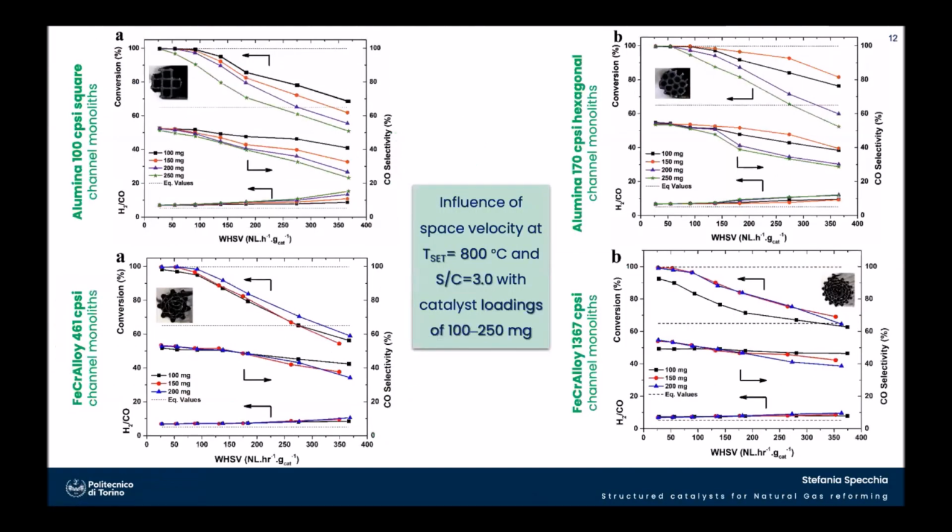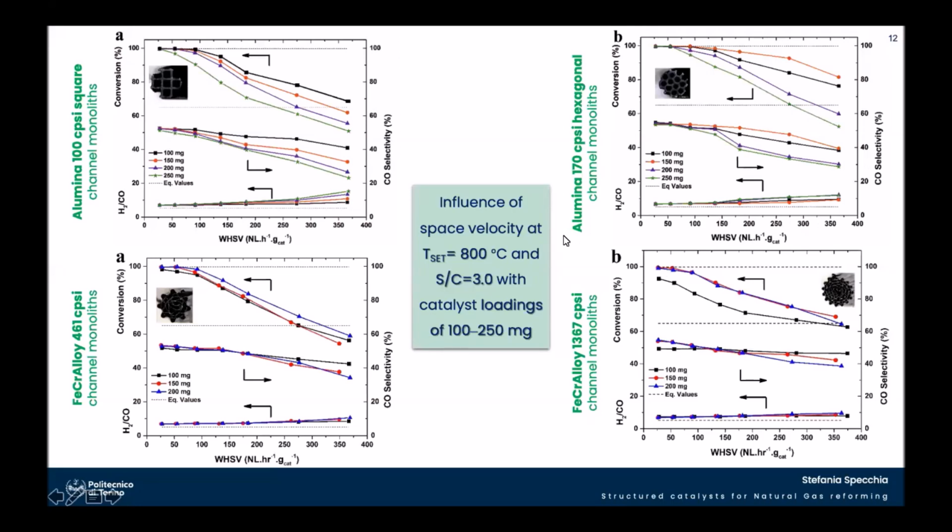And we made a series of tests. So first, those are the ceramic ones, and those are those ones. So the upper part are the ceramic, and the lower are the metallic ones in FeCrAlloy. So 100 or 461, and here the much more dense.